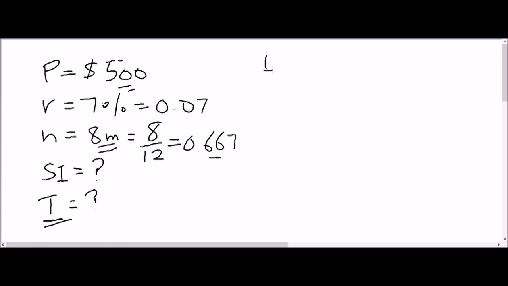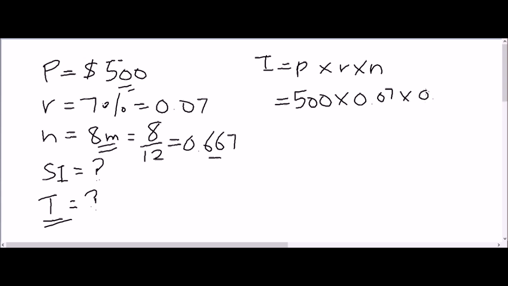So let's use the simple interest formula. I is equal to P times R times N, right? So this is P, just to make it clear. So we've got P times R times N. Principal we know is 500 multiplied by rate we know is 0.07, and the time we have already calculated is 0.667.